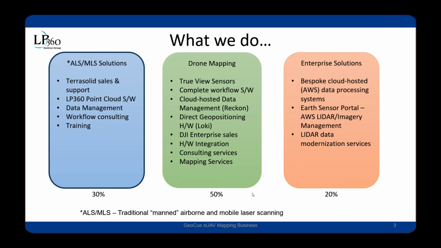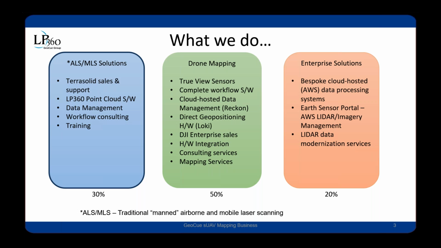So what we do is 3 major things. We do all sorts of things, but I try to categorize it into 3 major areas. We do enterprise software solutions, where we do custom development, primarily focused on some kind of high performance sensor workflow. We do drone mapping, which we've been in since about 2013.